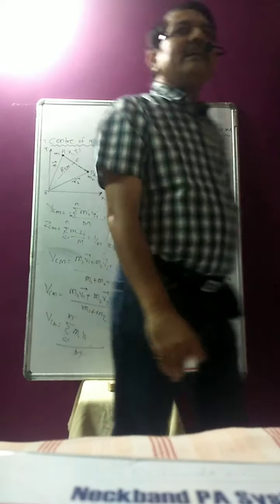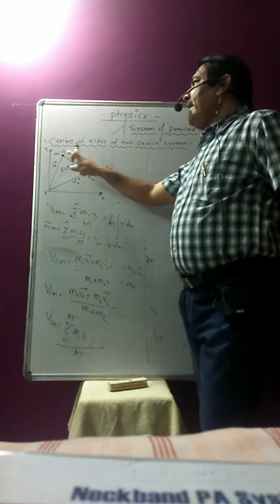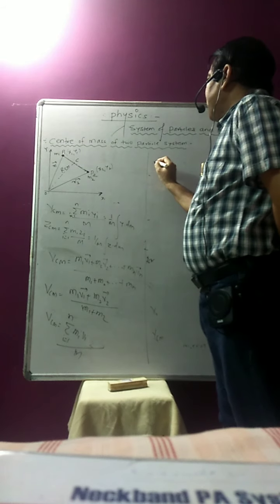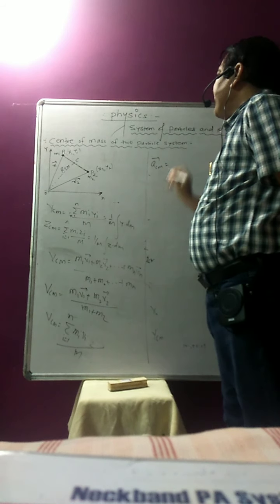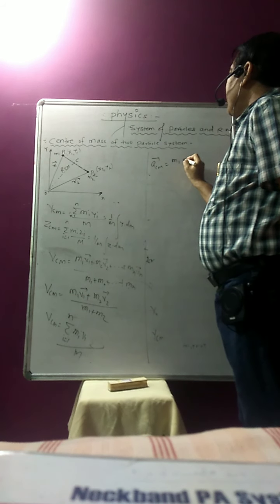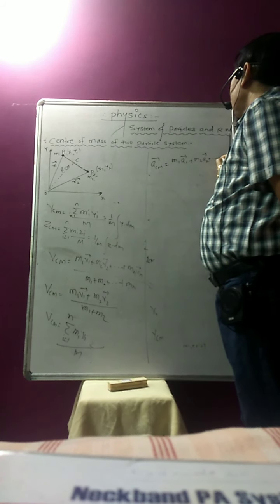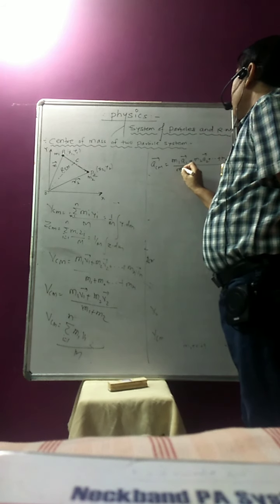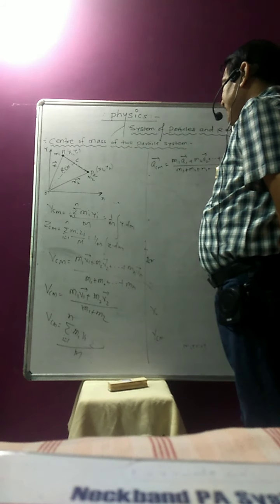Suppose I consider a1 and a2 to be the acceleration vectors of particle m1 and particle m2. Therefore the acceleration vector ACM can be written as m1 a1 bar plus m2 a2 bar up to mn an bar upon m1 plus m2 plus m3 up to mn.